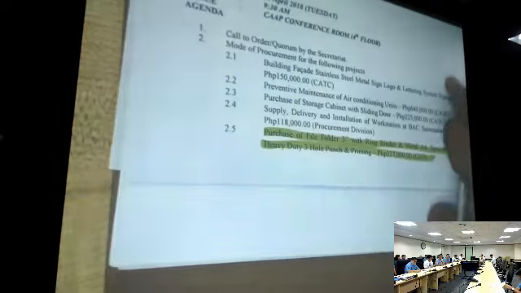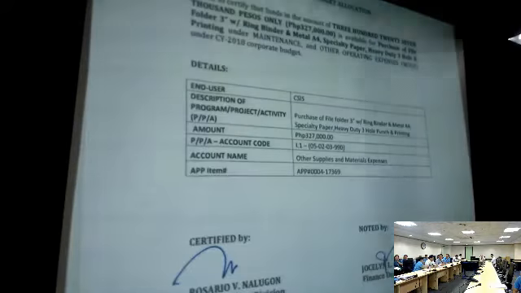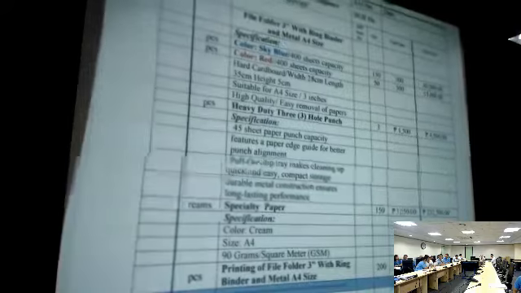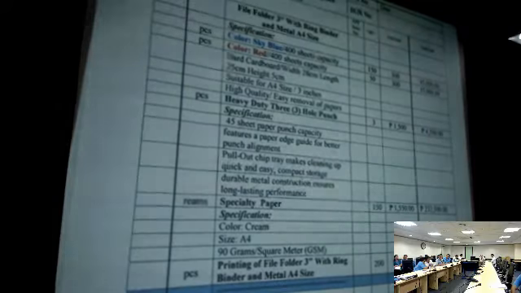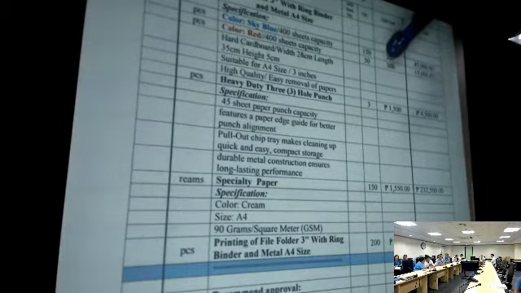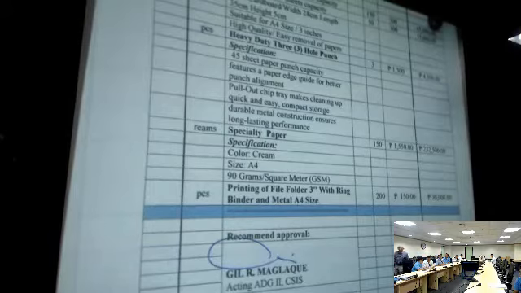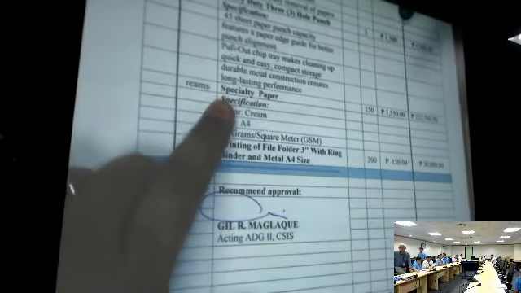And 2.5 purchase of file folder 3 inches within Bible. Except the total amount is 327,000, sir, but they indicated that they will change the specialty paper.